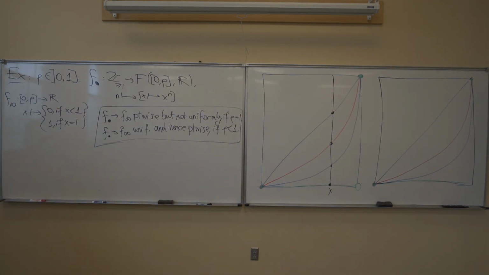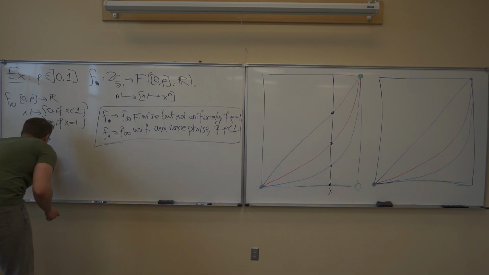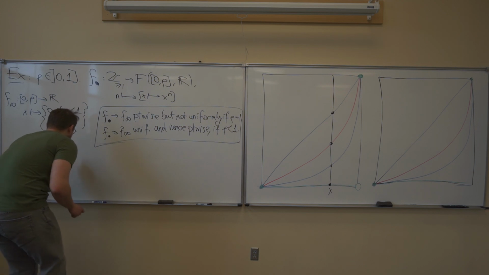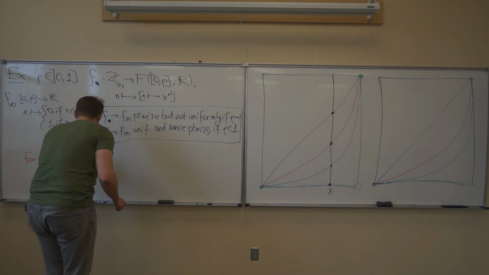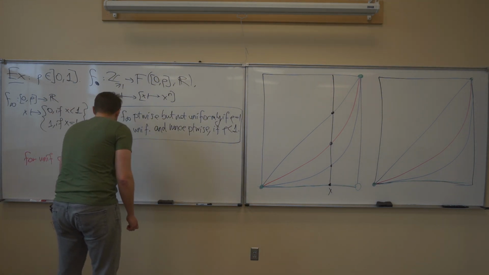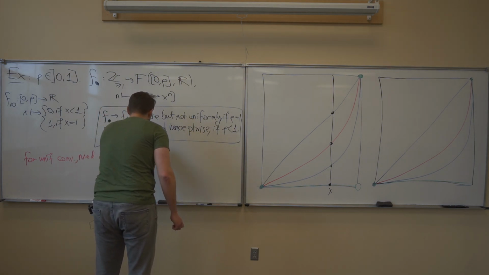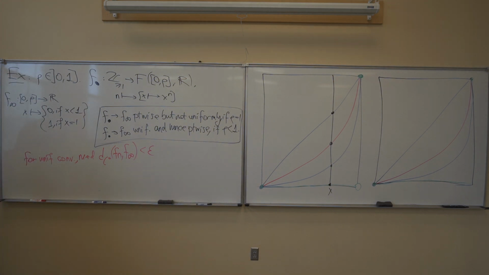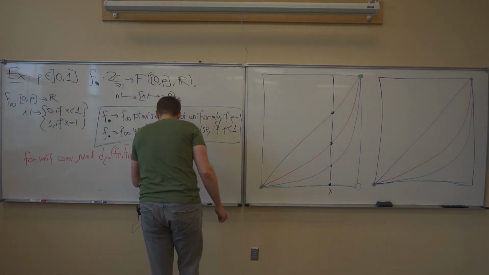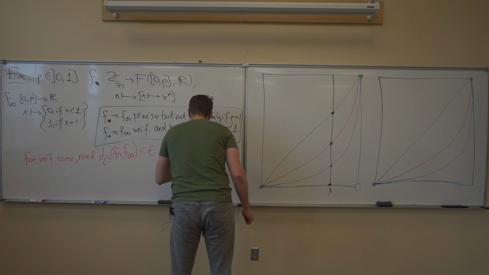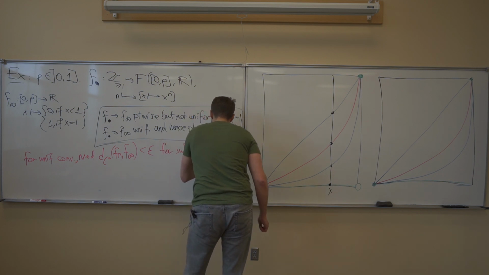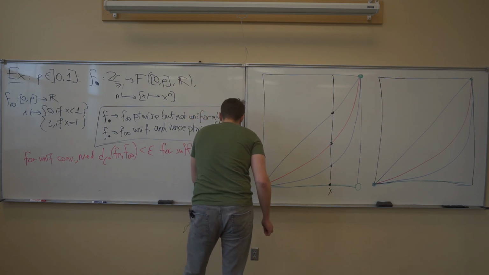And why is this sequence not uniformly convergent? Well, recall that for uniform convergence, we need the C0 distance between these two functions to be less than epsilon for sufficiently large n.